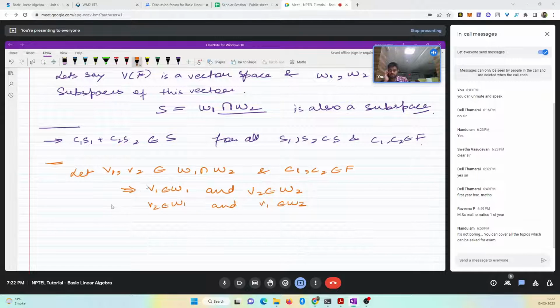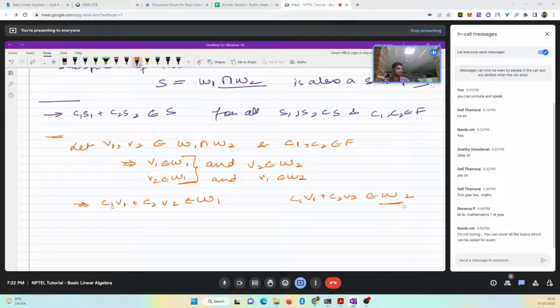Now if V1 and V2 both belong to W1 and W1 is a subspace, then it must satisfy C1 V1 plus C2 V2 belongs to W1. Why? Because W1 is already a subspace. And the next part is C1 V1 plus C2 V2 belongs to W2. Why?